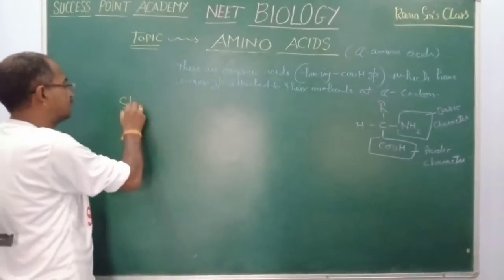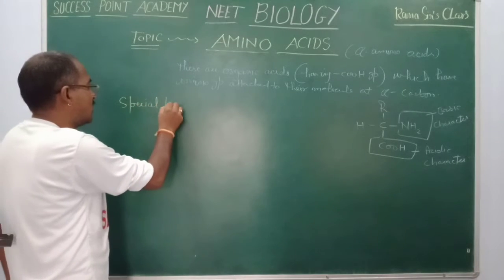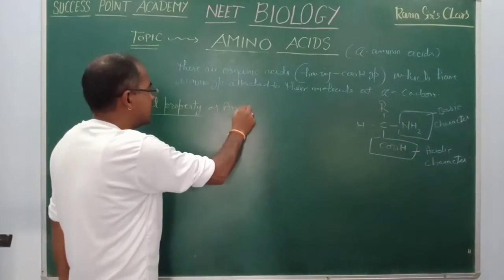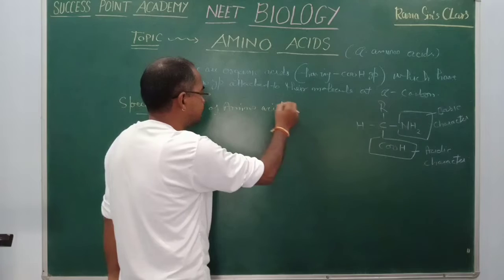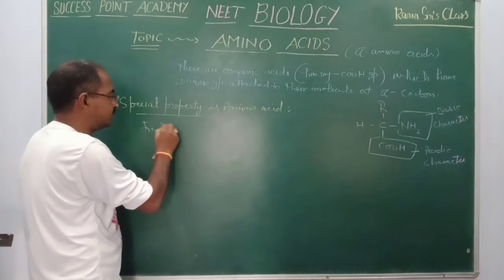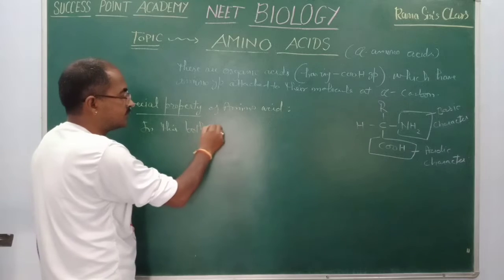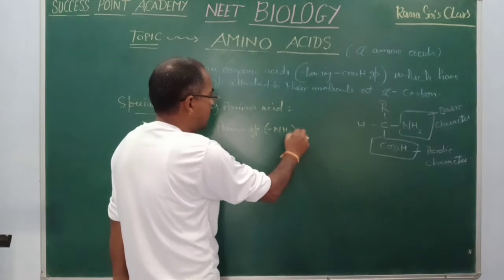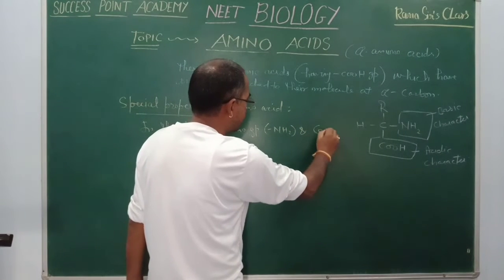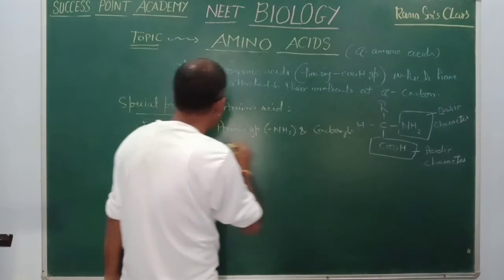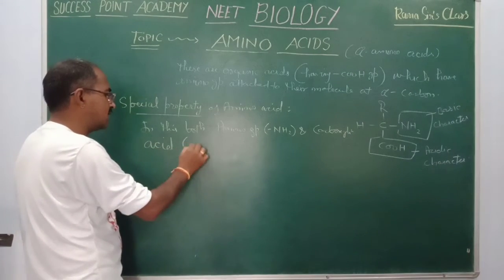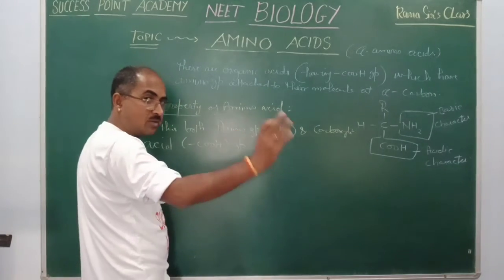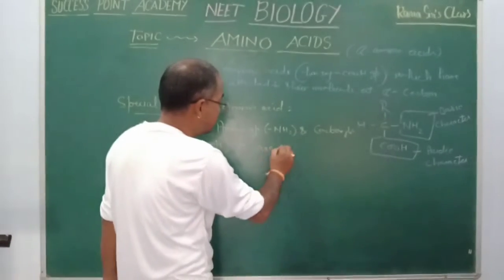What is the special property of amino acids? In this, both the amino group, meaning the NH2 group, and the carboxylic acid group, both are ionizable.